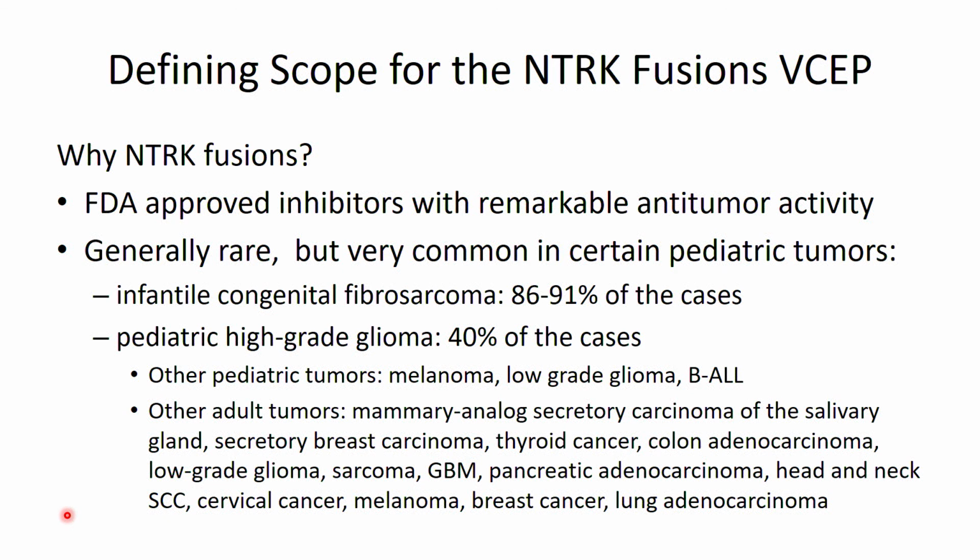The reason for selecting NTRK fusions was primarily their high clinical significance. We know that there are FDA-approved inhibitors with remarkable anti-tumor activity targeting tumors that have NTRK fusions. And although these fusions are generally rare, they're very common in certain pediatric tumors, including infantile congenital fibrosarcoma, pediatric high-grade glioma, and some others.